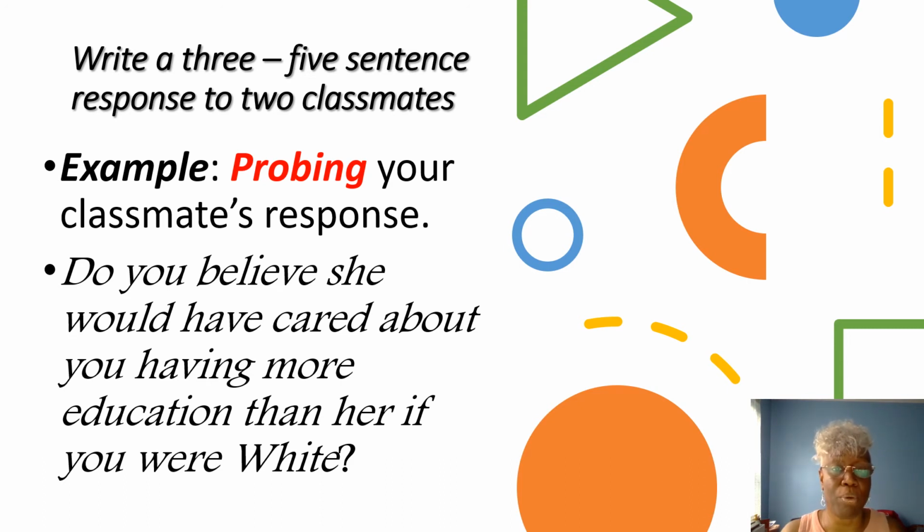And now we're having a probing question because the microassault was, hey, I'm intimidated by you because I only have an associate's degree. And so the probing question can be, one example can be, do you think she would have had a problem if you were white? So whatever it is for that question, this is just an example, always remember the probing aspect of it.